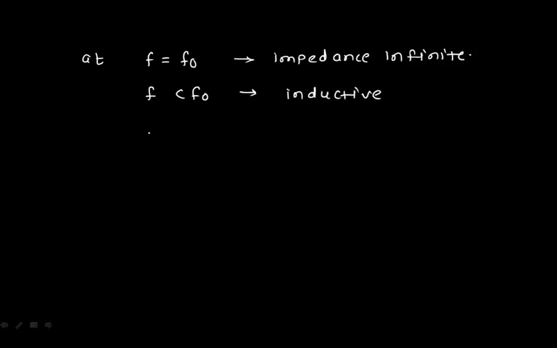If your frequency is greater than f0, it will be capacitive in nature. This is how your resonant circuit works. When you connect the parallel LC circuit across the input terminals of the half wave dipole, you achieve increased bandwidth. At resonant frequency, the input impedance of the half wave dipole is in parallel with the infinite impedance of the LC circuit, so they are not affecting the total impedance seen by the transmission line.